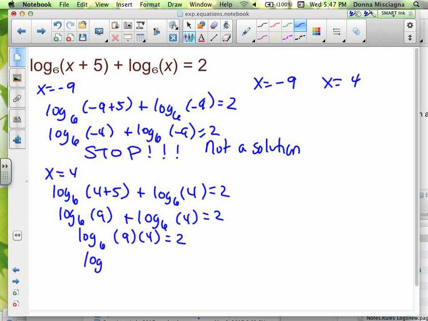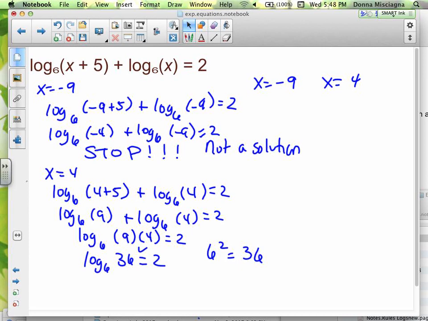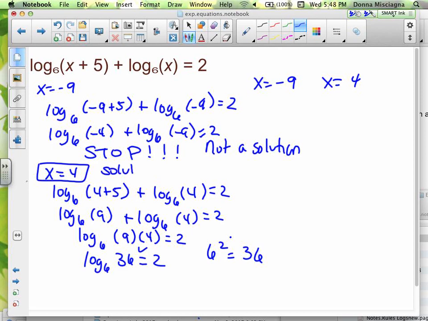That gives us log base 6 of 36 is 2. And that's a true statement, right? Because 6 squared is 36. That checks out. Good solution. So this one is a solution. This one is extraneous. Don't use that one.